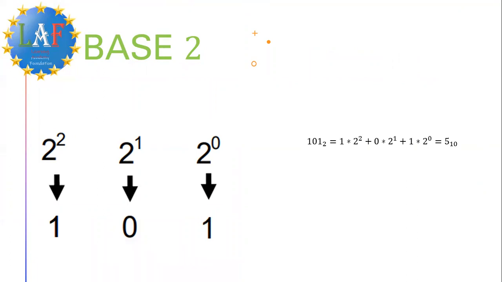So 101 in base 2 is 1 times 2 squared, that is 4, plus 0 times 2 power 1, that is 0, plus 1 times 2 power 0, it is 1. So 4 plus 1 is equal to 5 in decimal number.